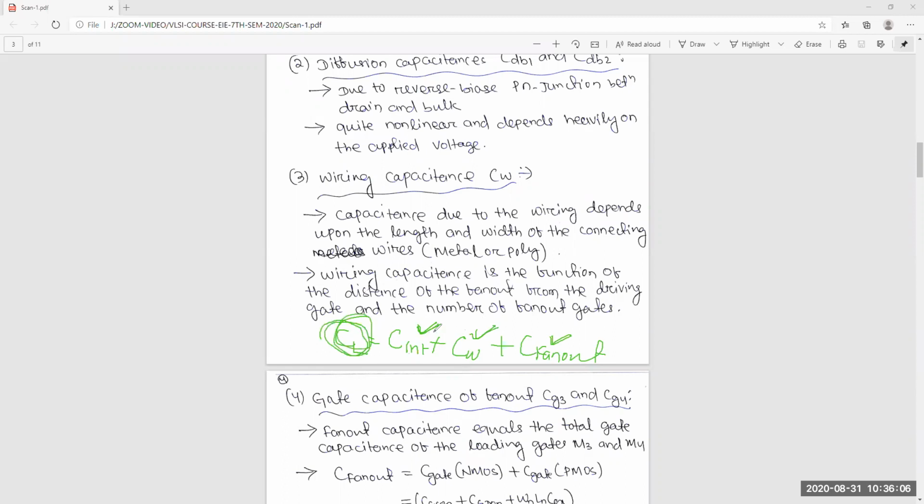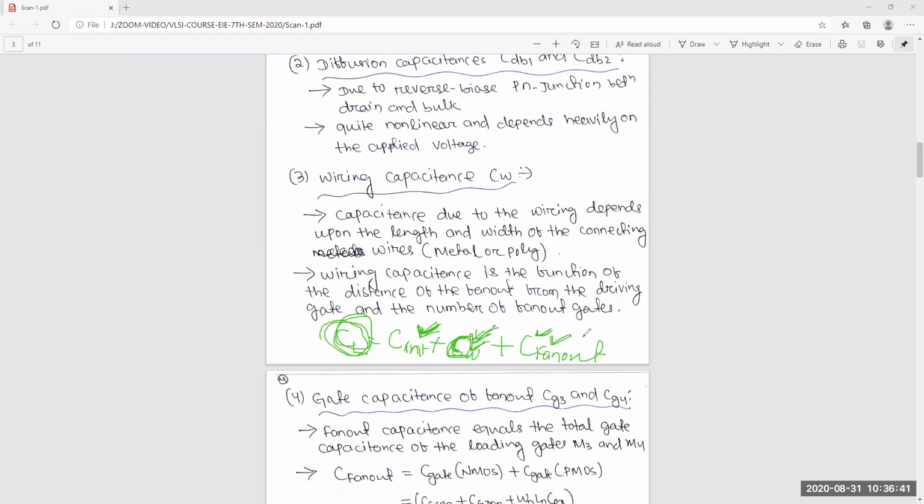Now we have to think about how to minimize these. With proper layout practice, we can minimize the internal, intrinsic capacitance, that means the diffusion capacitances, by using less area. Wiring also, by doing proper routing, less routing, we can reduce these capacitances.